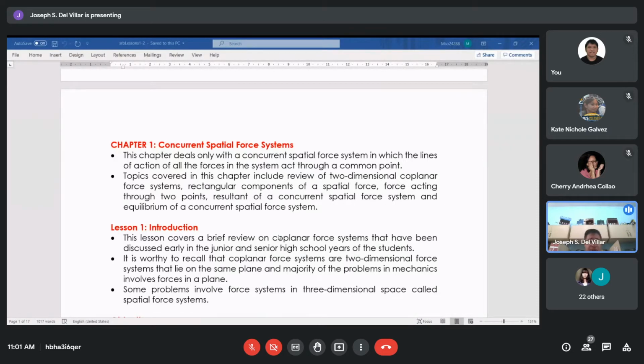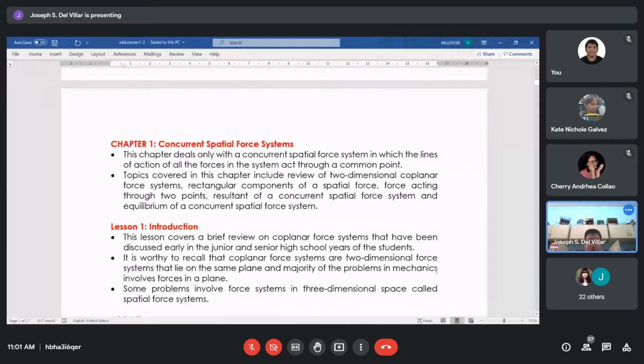Okay, to introduce lesson 1, this is about a brief review on coplanar force systems that have been discussed in your junior and senior high school years, and even in your physics in first year college, no?